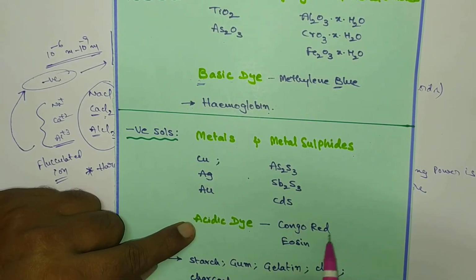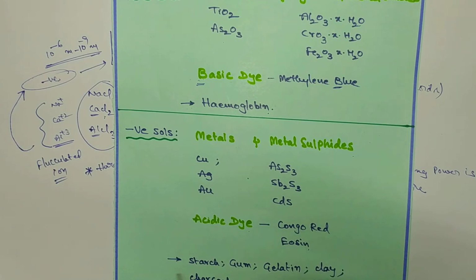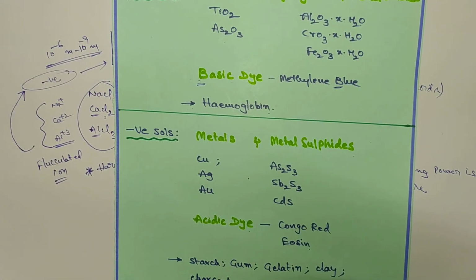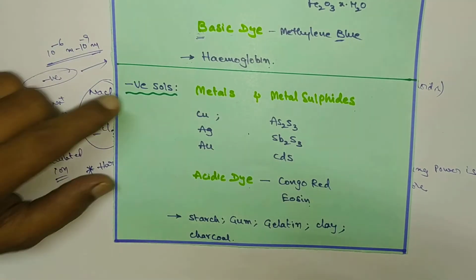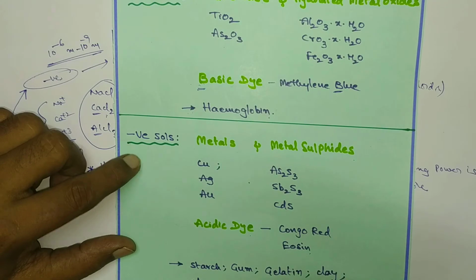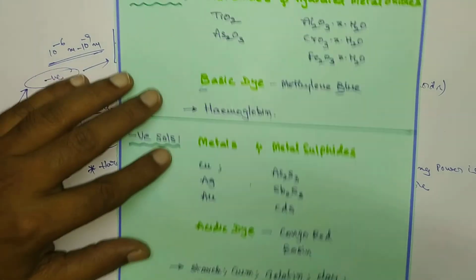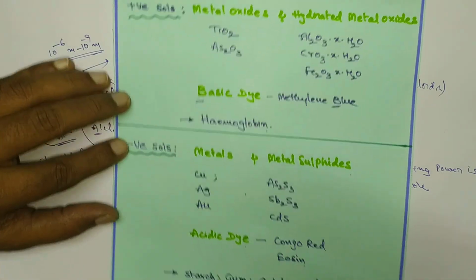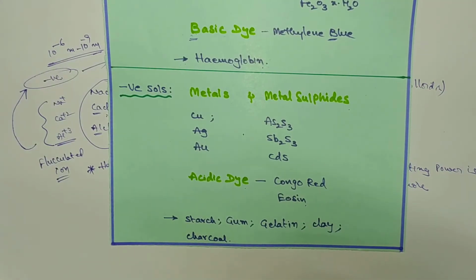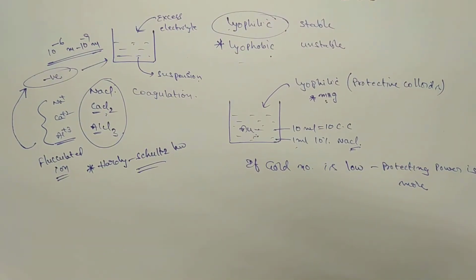Acidic dye means Congo red and eosin. And next one, starch, gum, gelatin. These are general colloids, and charcoal. All these belong to negative colloids. By taking a screenshot of this chart, you can easily remember this. Okay, and move on to the next question.